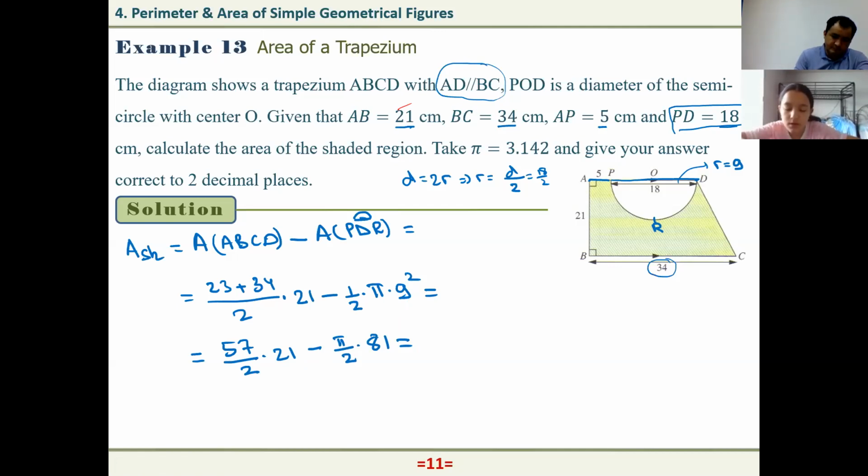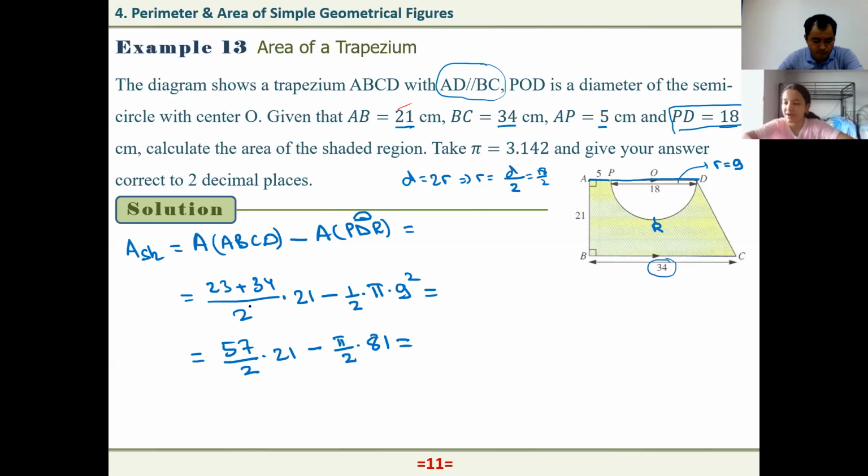3.142, right? I got, hold on, I have 127.251.